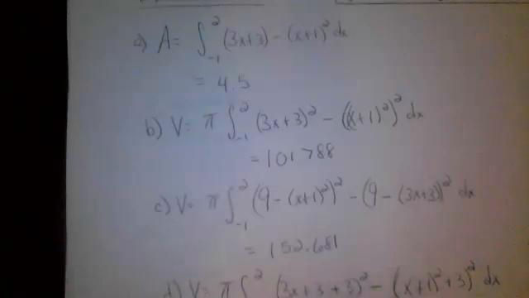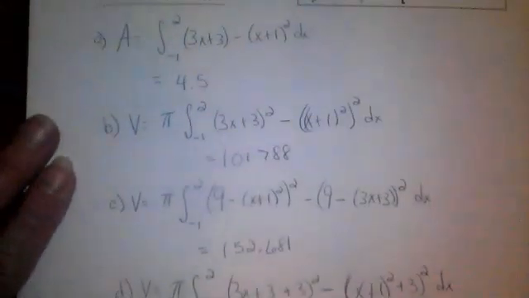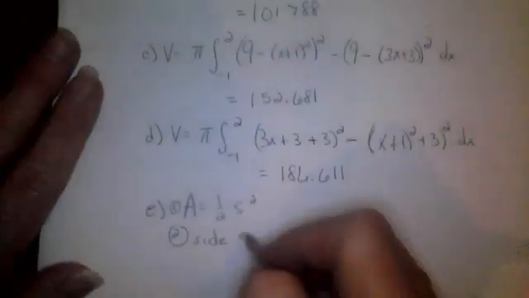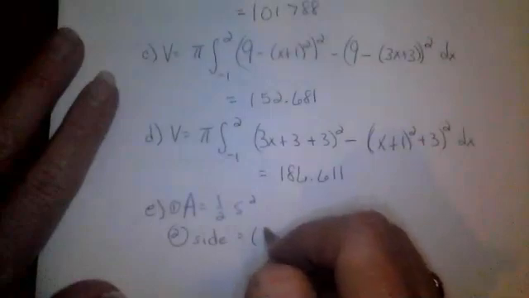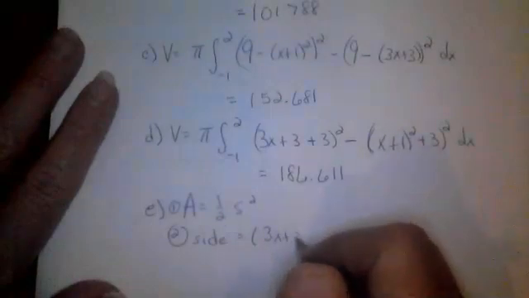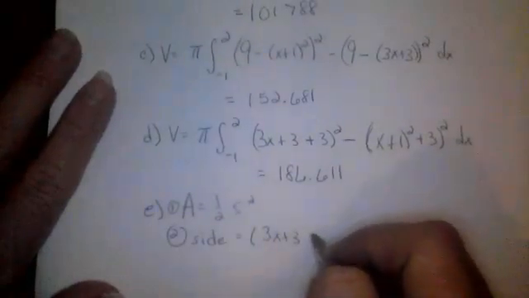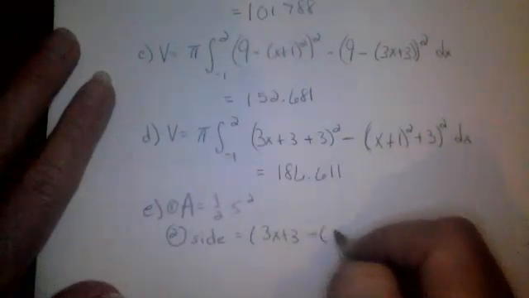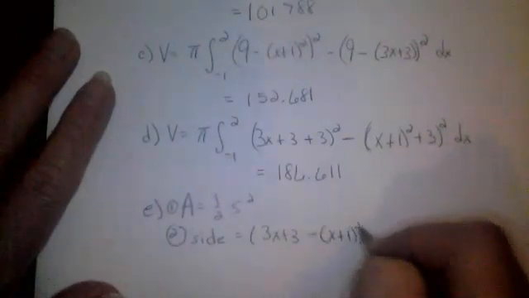That's part 1. Part 2, a side is going to be top minus bottom, or our line, which was 3x plus 3, minus our parabola x plus 1 squared.